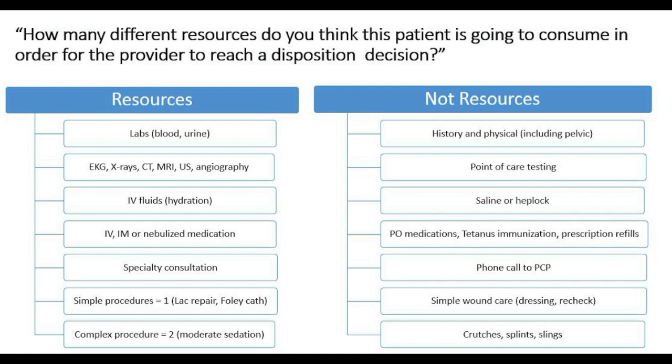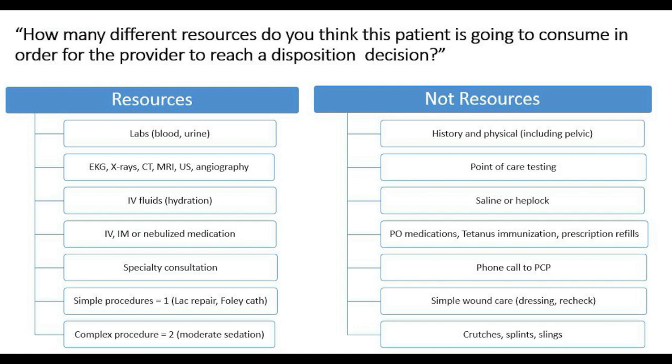If you anticipate that the patient will only need 1 item from the not-resources list, so if the patient just needs a PO medication or a tetanus shot, or we need a callback from their PMD, those are not considered resources, and they would not be made an ESI 3.